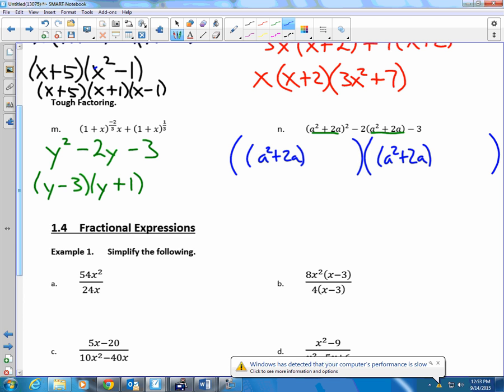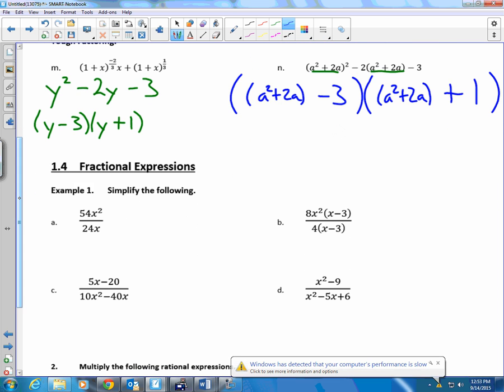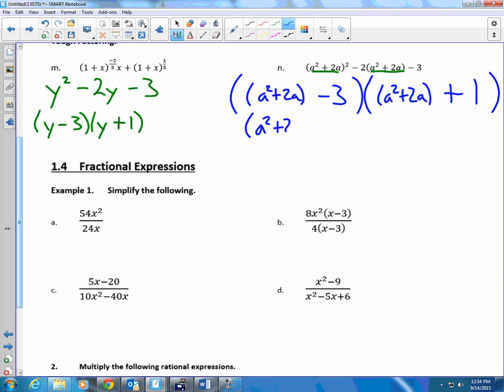Now, what are two numbers that multiply to negative 3 but add to negative 2? Negative 3 and positive 1. Oh, but we're not done, are we? This is a squared plus 2a minus 3 times a squared plus 2a plus 1. Can that factor?